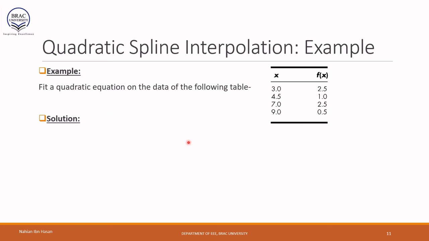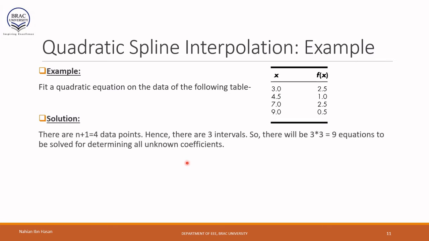I need to use quadratic spline interpolation. There are n plus 1 data points, so n plus 1 equals 4, which means n equals 3.